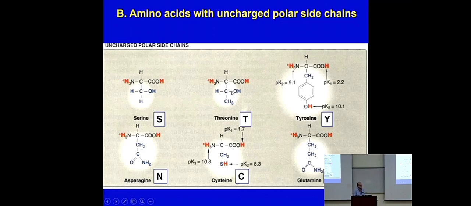Second one is threonine. Similar to serine, you just added another methyl, but the hydroxyl is still there. Third one, if you think of this molecule up to here without the hydroxyl, that's phenylalanine.